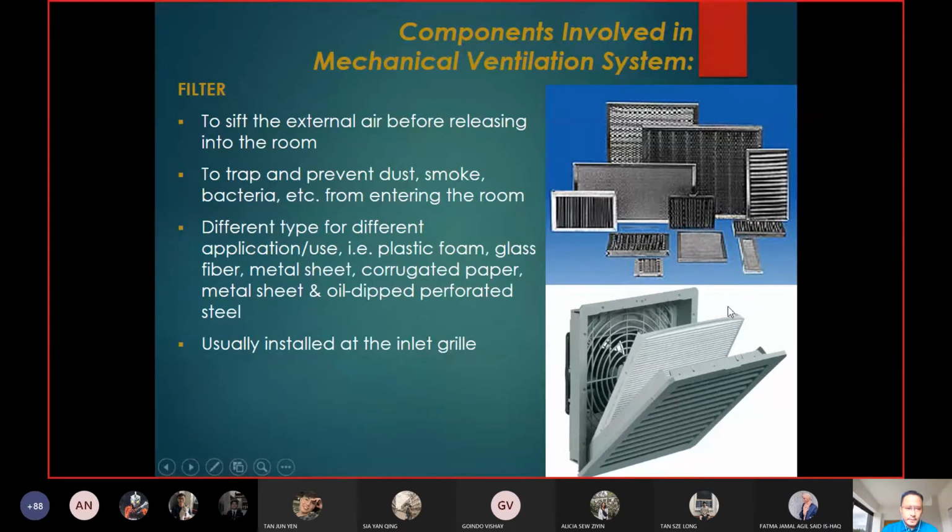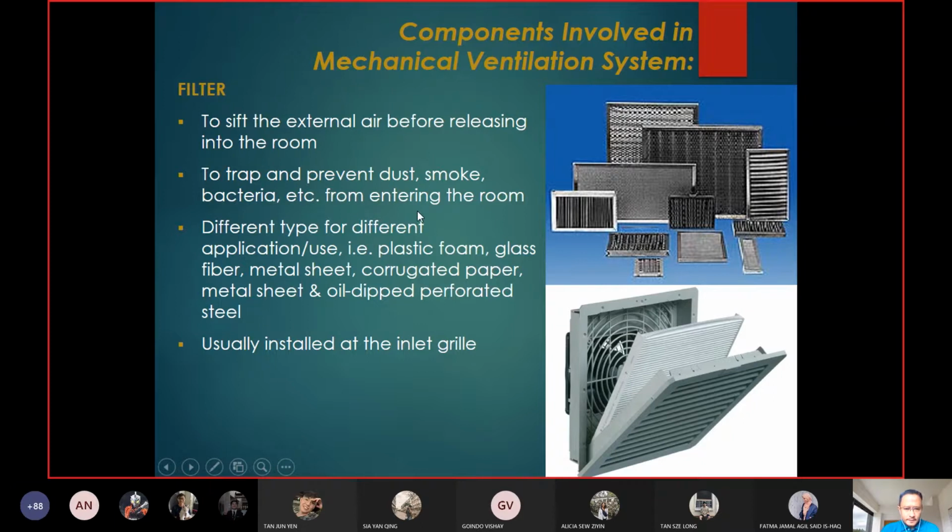But as you know, the function of a filter is basically to sift the external air before releasing it into the room, and to trap and prevent dust, smoke, bacteria, etc. from entering the room. Without the filter, you just breathe in the polluted air, if the air outside the house is polluted. So that's why the filter is very important.